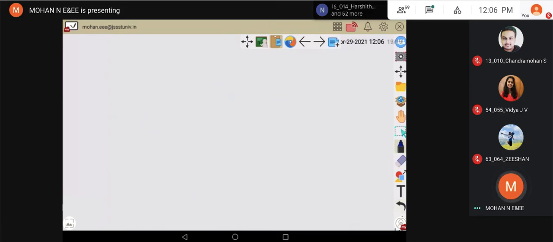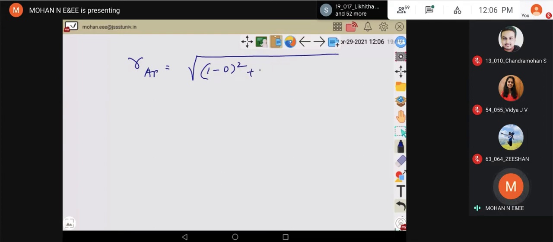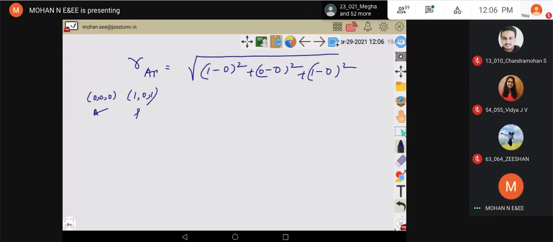That we shall solve. RAP is the square root of (1 minus 0) squared plus (0 minus 0) squared plus (1 minus 0) squared, because A is located at origin and P is at (1, 0, 1).